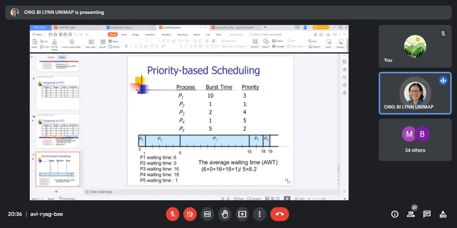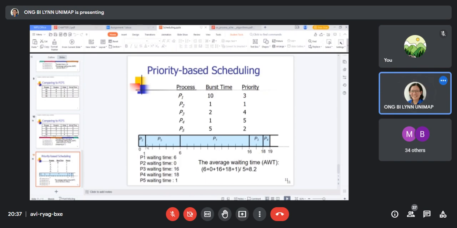Highest priority. It arranged in 1, 2, 3, 4, 5. I get it wrong. Highest priority is going to have first priority, second, third, fourth, and fifth priority. So it's going to go into P2, P5, P1, P3, and P4.